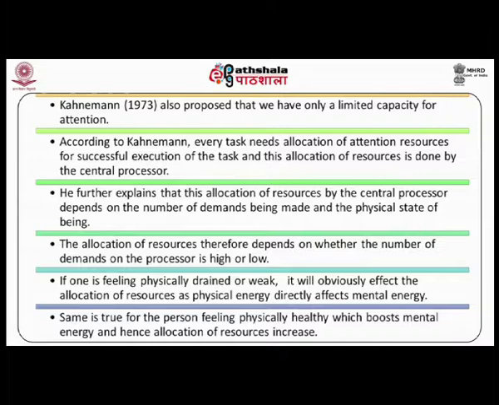The allocation of resources therefore depends on whether the number of demands on the processor is high or low. If one is feeling physically drained or weak, it will obviously affect the allocation of resources, as physical energy directly affects mental energy.